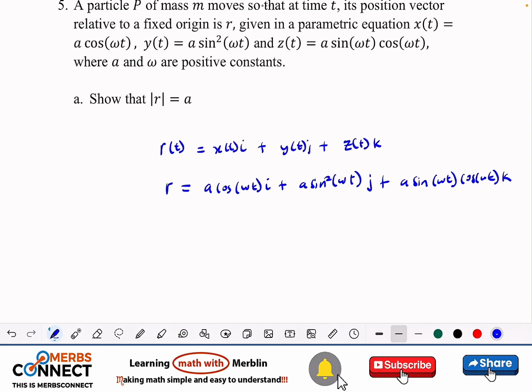This is a lot. Remember, this a here is not acceleration. This a here is the constant which is inside this.